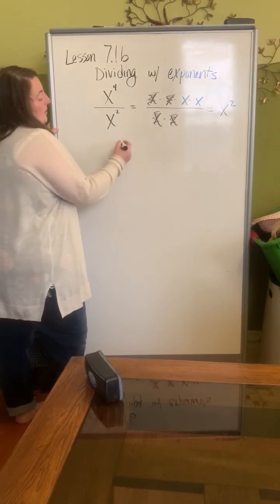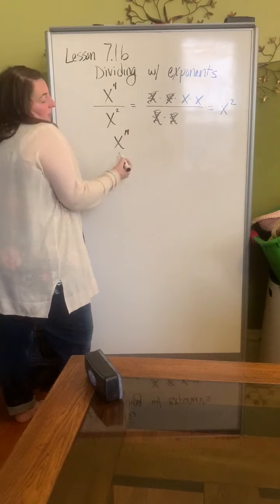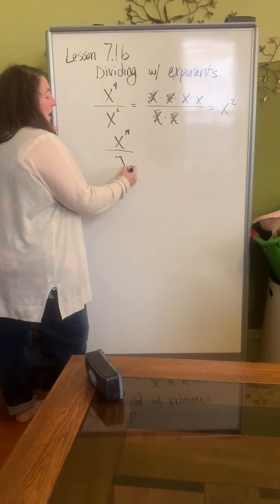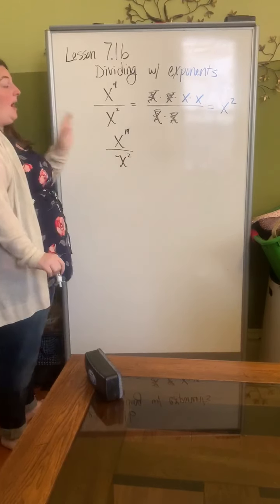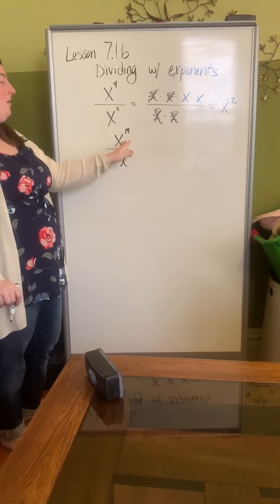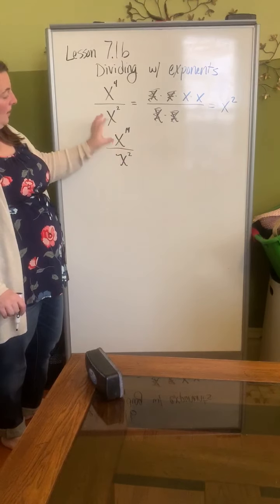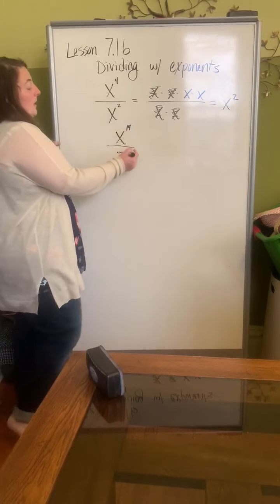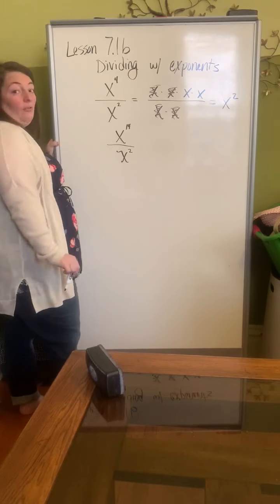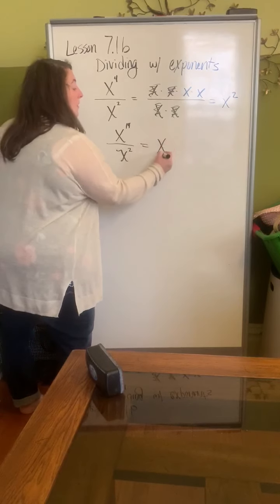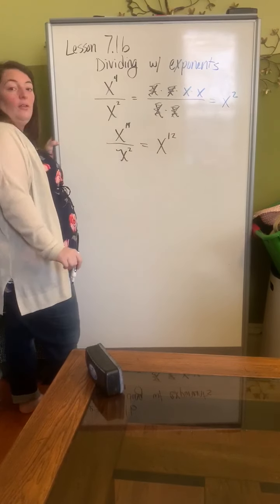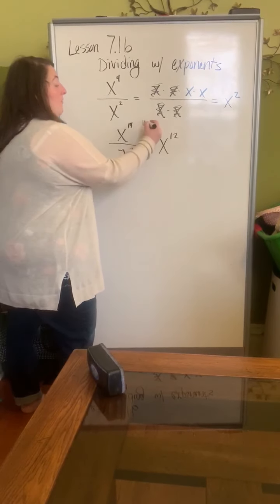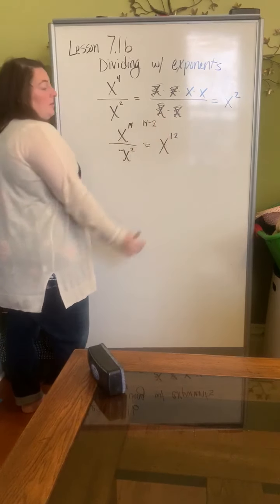Let's say you had x to the 14th over x squared. Again, I don't want to write 14 x's out. So the shortcut is you subtract these two exponents. 14 minus 2 is 12, so x to the 12th. You just take the exponents and you subtract them.